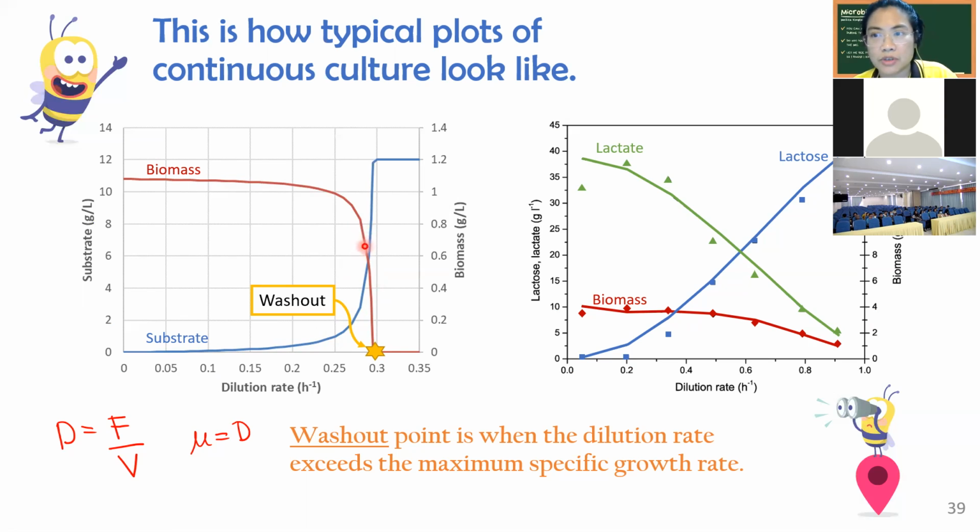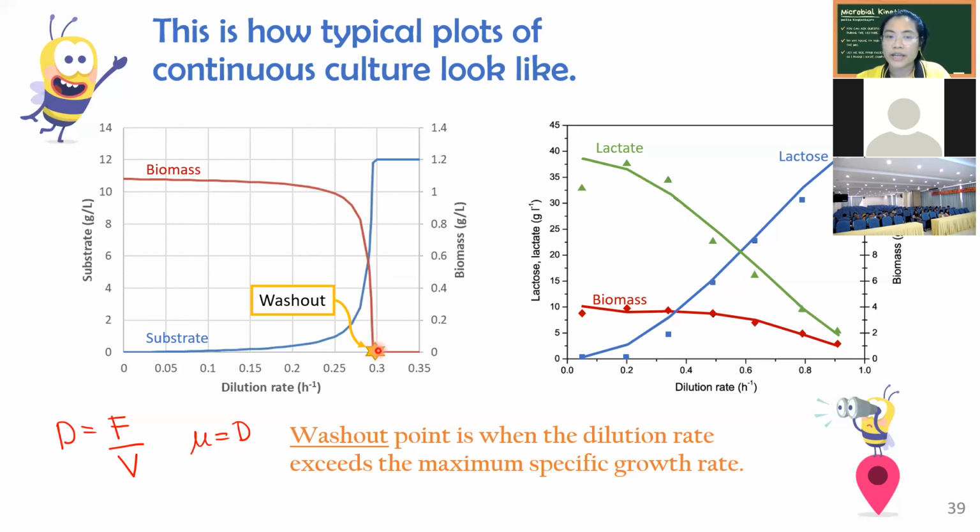It reaches steady state, but the cells can't use all the substrate. To the point where the flow in is so fast that the cell cannot keep up, even though it grows fast as well because mu increases, it can't keep up with the small time that the substrate goes into the cell.